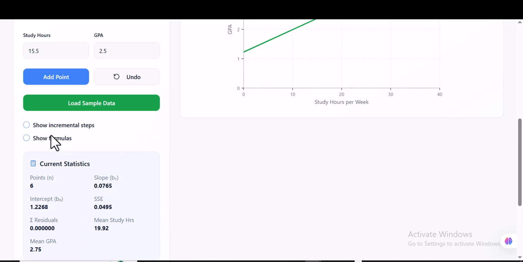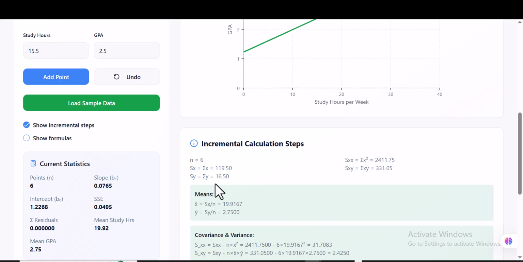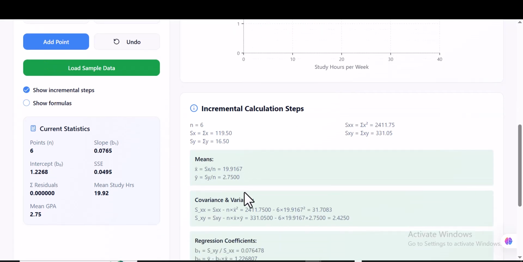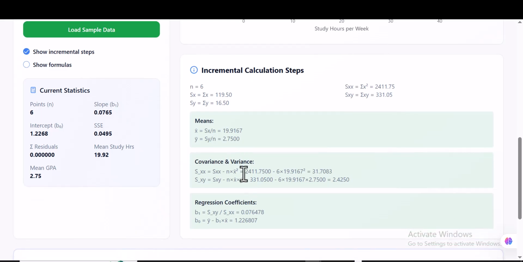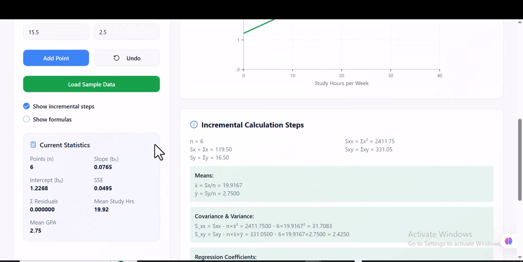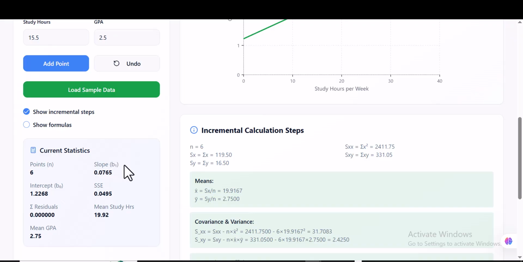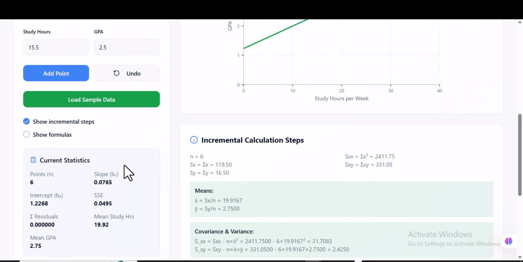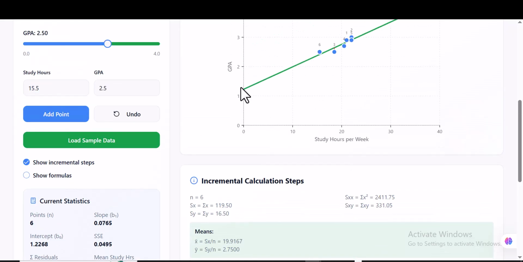In this simulator you can see all the steps by clicking on show incremental steps. If you want to calculate manually, these are the formulas mentioned here. But the important thing is how this slope is calculated, I'll explain after explaining the y-intercept. So the y-intercept is the point where the regression line is cutting the y-axis.